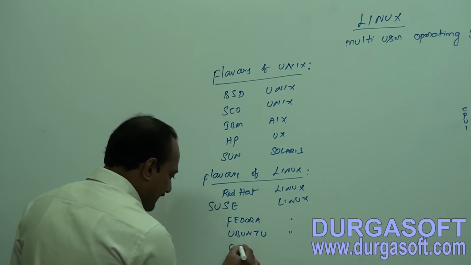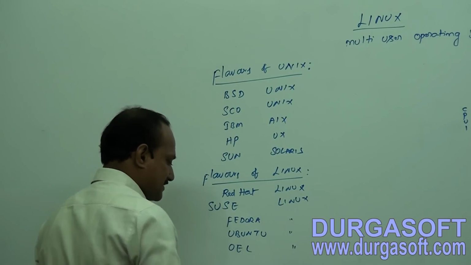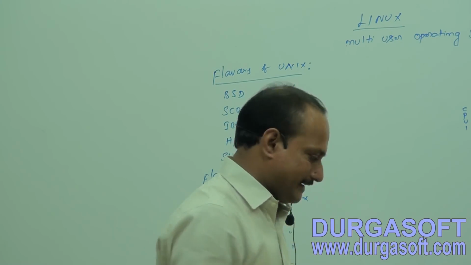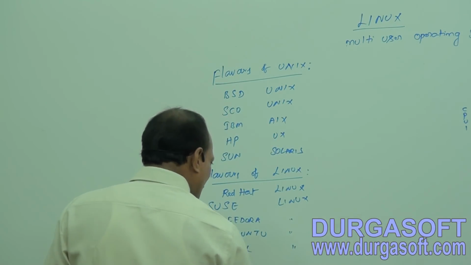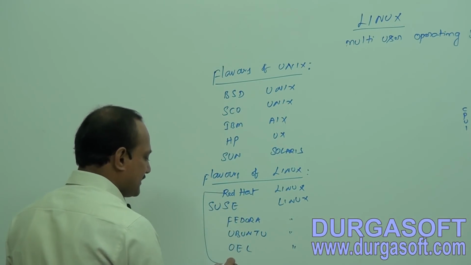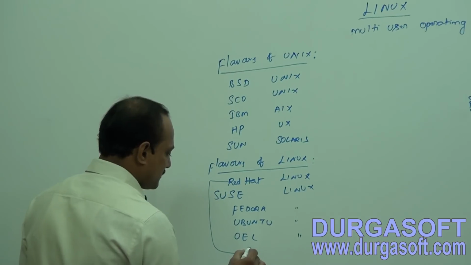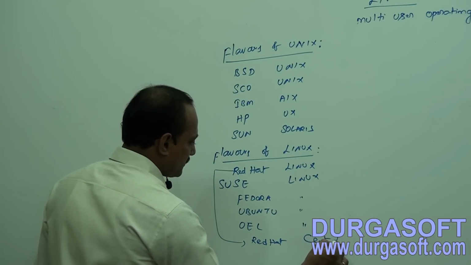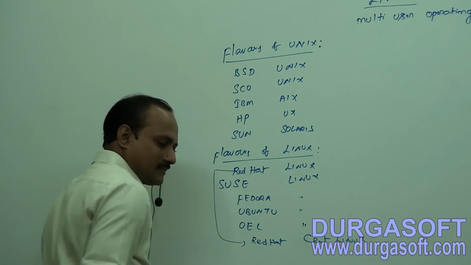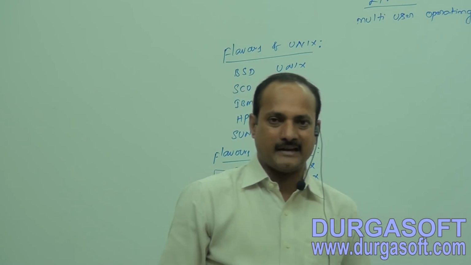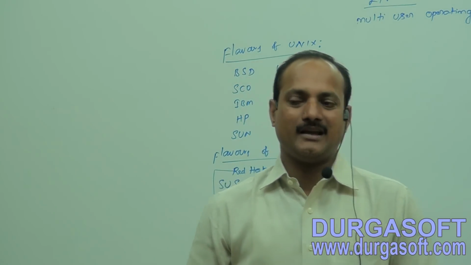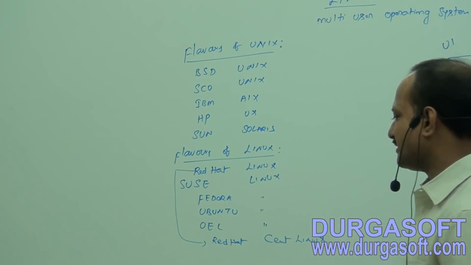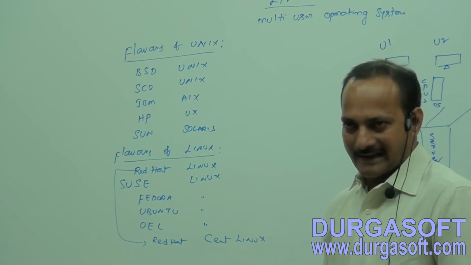And OEL, Oracle Linux; OEL stands for Oracle Enterprise Linux. And nowadays, the latest version from Red Hat is CentOS, Red Hat Cent Linux. The recent version of Linux from the Red Hat company is Cent. Right? These are some of the flavors of Unix and Linux.